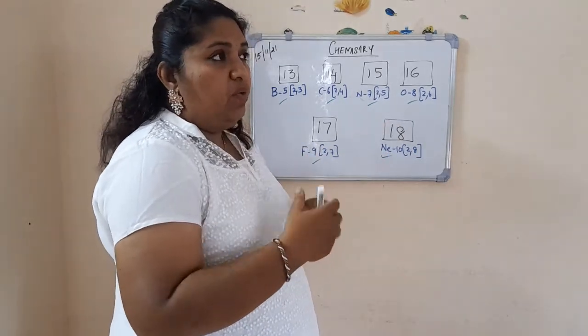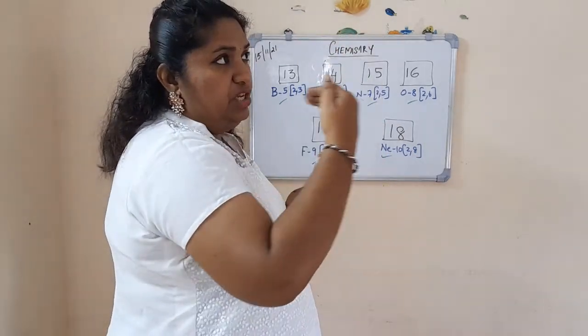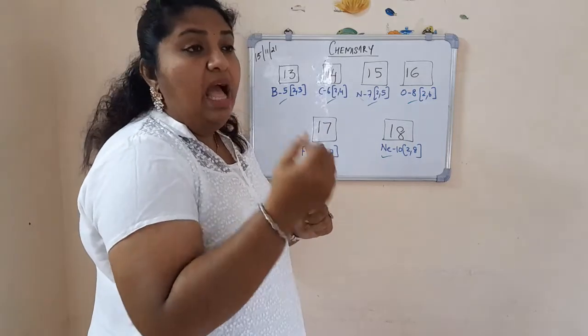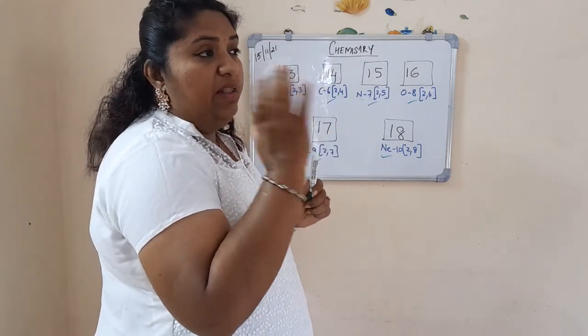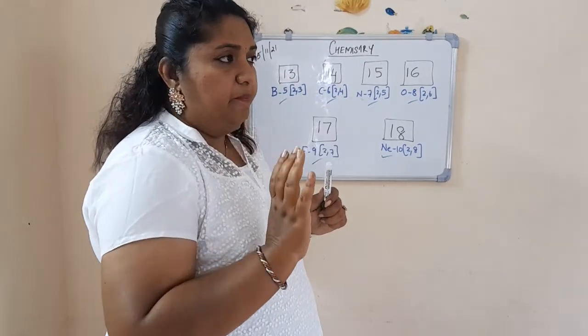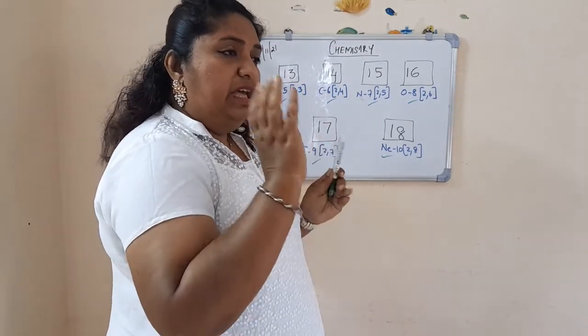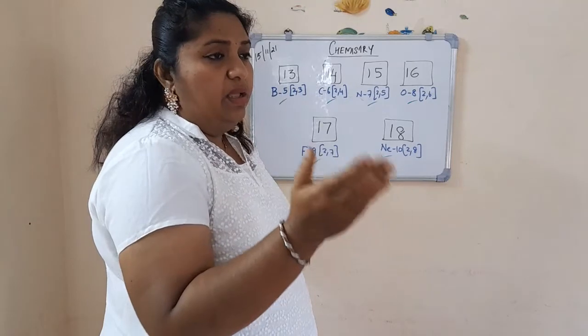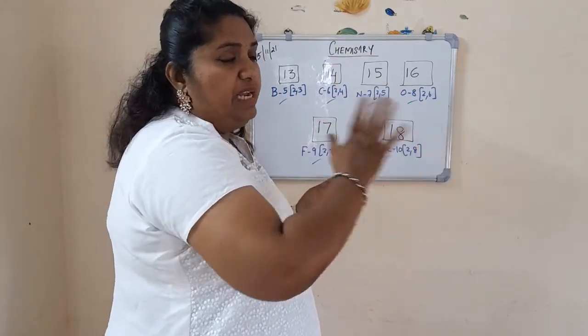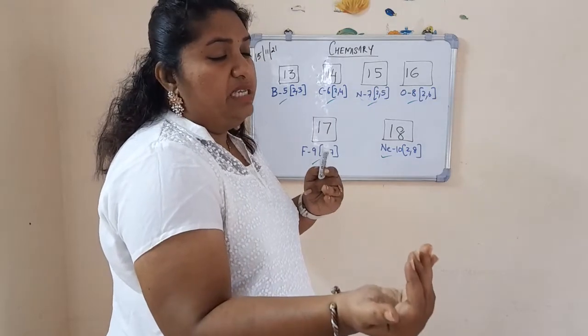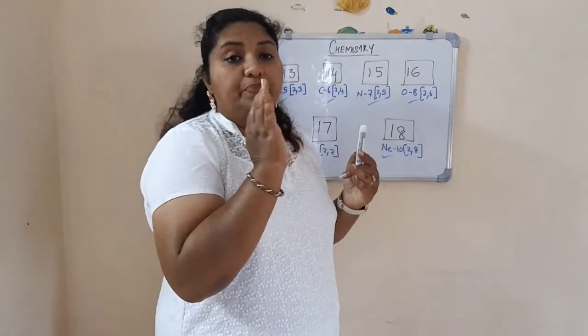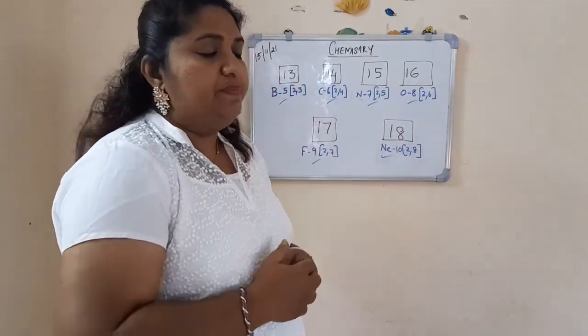Next, when I wrote beryllium, magnesium, calcium and strontium, the outermost electrons in the valence shell were 2 only. So if the number of electrons is 1, you can classify it as group 1, and if it is 2, as group 2.